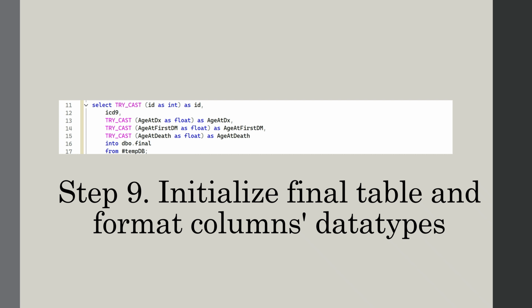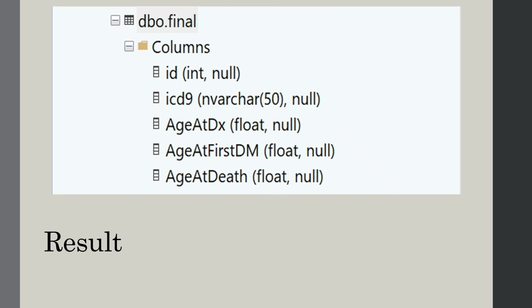In this case, it's the same as the original column names. The only column we did not convert was the ICD-9 column because these codes are alphanumeric. Once you run this query and refresh your database, you should see this table populated in your Explorer. When you look at its columns, it will have the same columns, but with its converted data types.